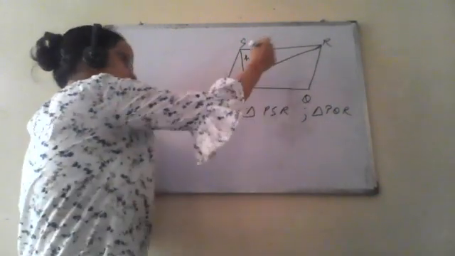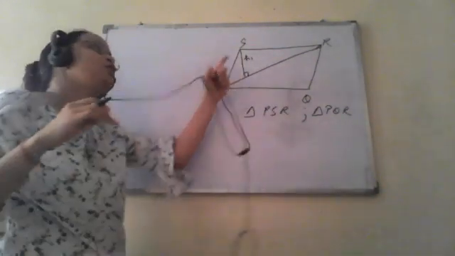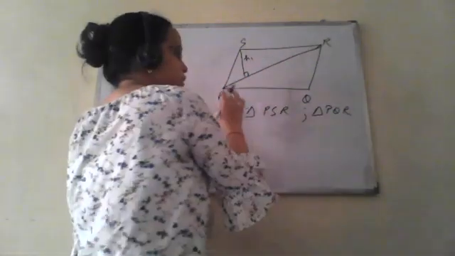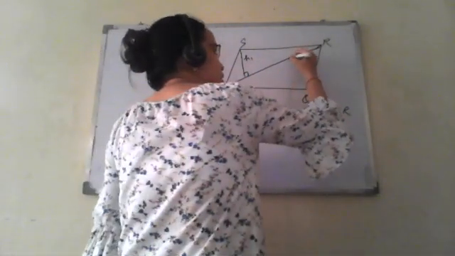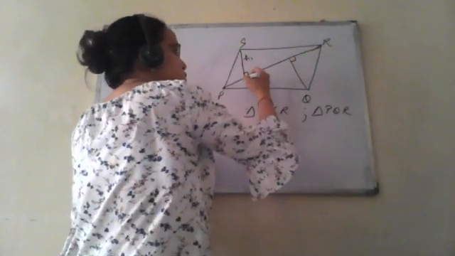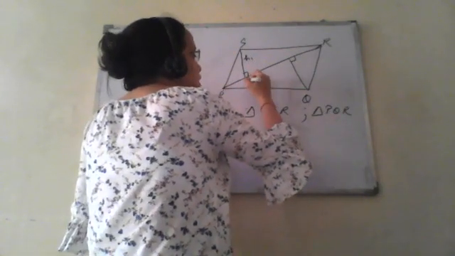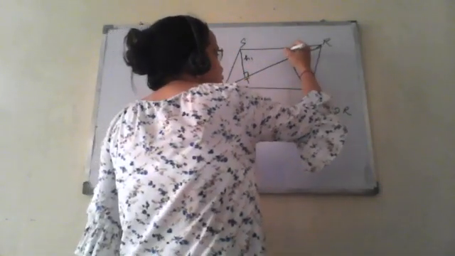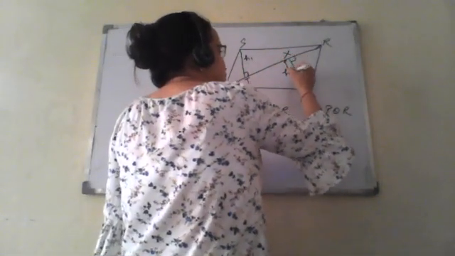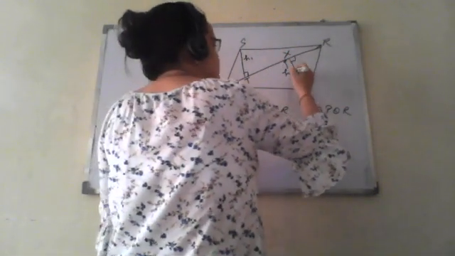For triangle PSR, we draw altitude H1 to this side PR, the diagonal PR, and for triangle PQR we will draw another altitude. Say these are ST and QX. These are the two different altitudes, H1 and H2.